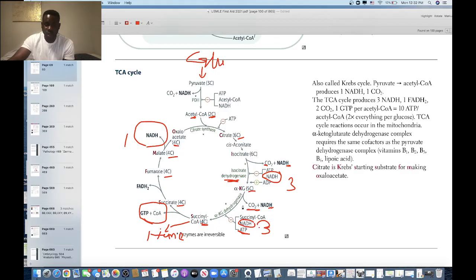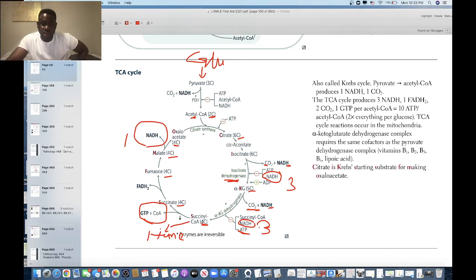Between conversion of what and what would you find an NADH? Usually it is alpha ketoglutarate to the succinyl-CoA, so KS, right, and MO. I place 1 at the top, I place 1 here, and I place 1 at the bottom. So I just picture it.